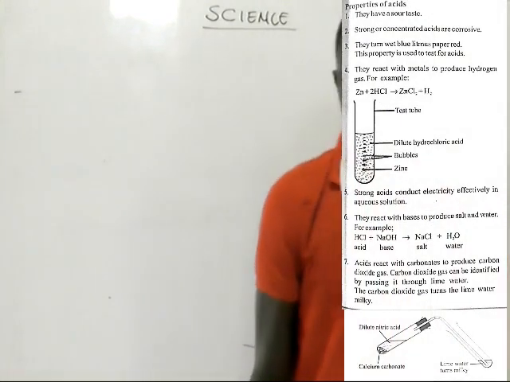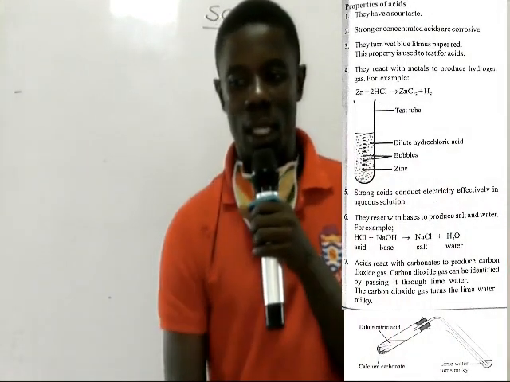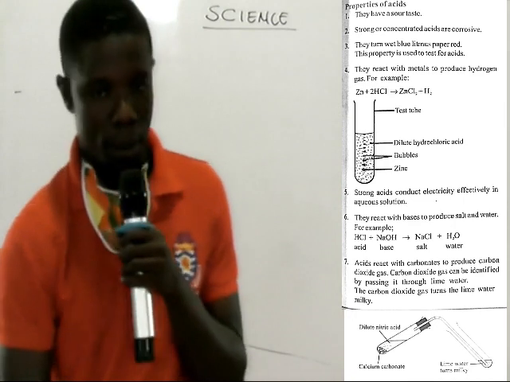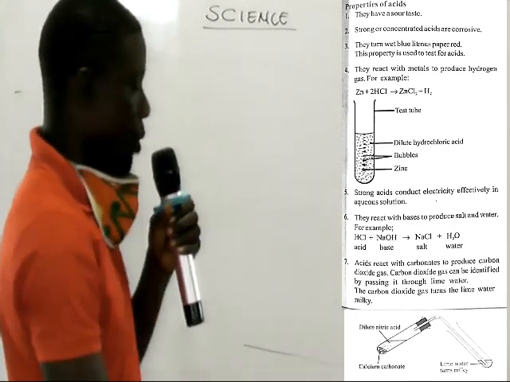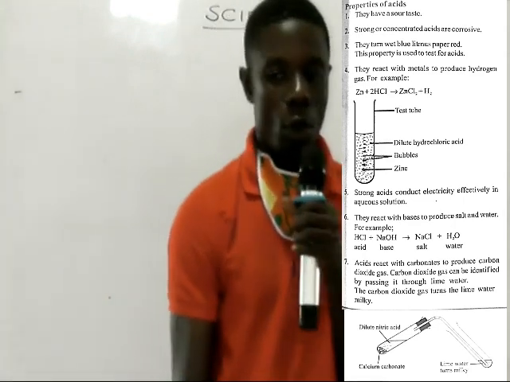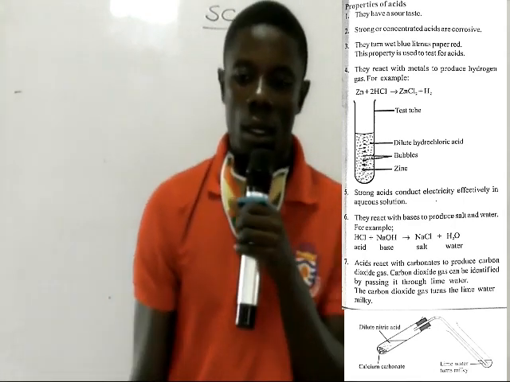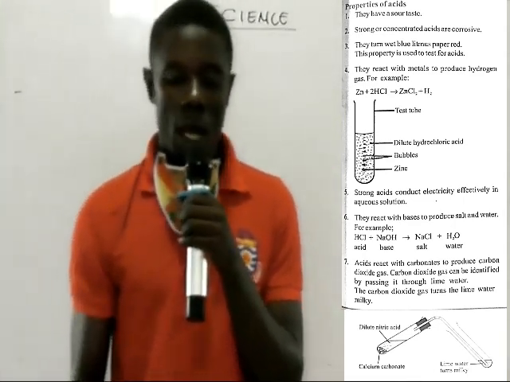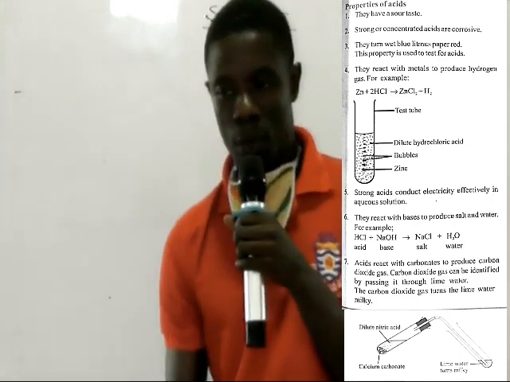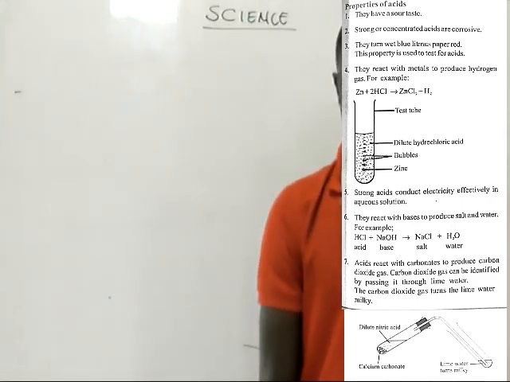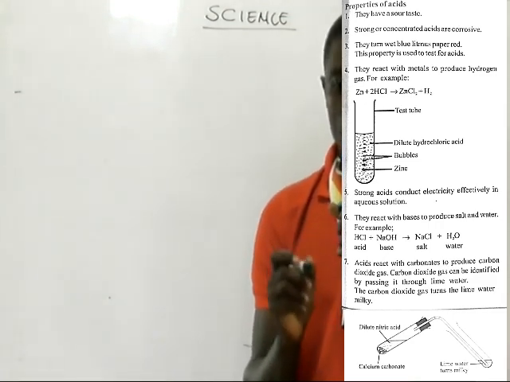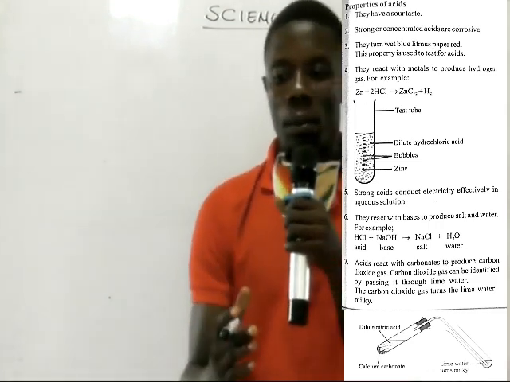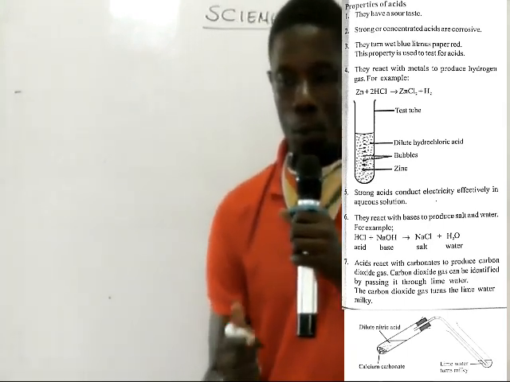The fifth property says that strong acid conducts electricity effectively in aqueous solution. Take note of that. Acid can also conduct electricity in an aqueous solution. Now, here, this property is very important, and we are going to do some balancing of chemical equations here, so I want you to pay attention.